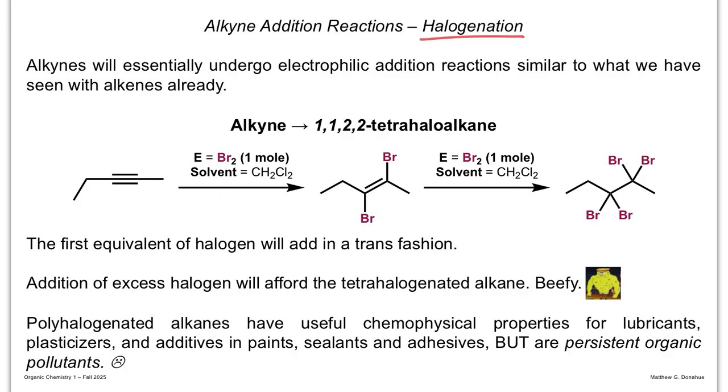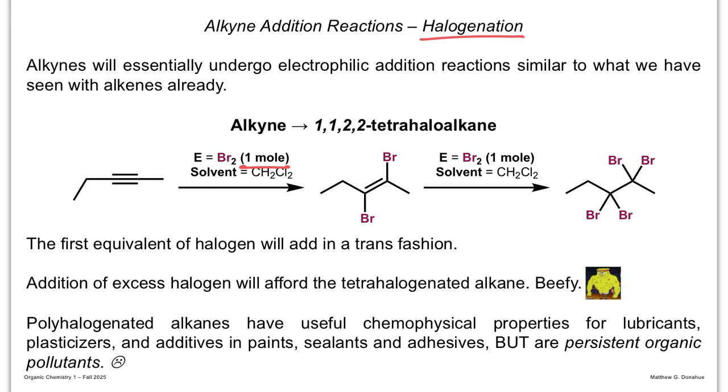So alkynes can undergo polyhalogenation. So in the example shown, if we use bromine, I've shown it step by step. If you can control the stoichiometric equivalence, you can basically stop at each kind of addition stage.